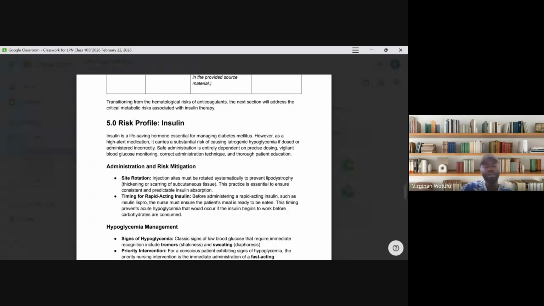Timing is very essential for rapid-acting insulins like Lispro. The rapid-acting insulin like Lispro is supposed to be provided with a meal, right? To prevent hypoglycemia. So you give it along with the meal.